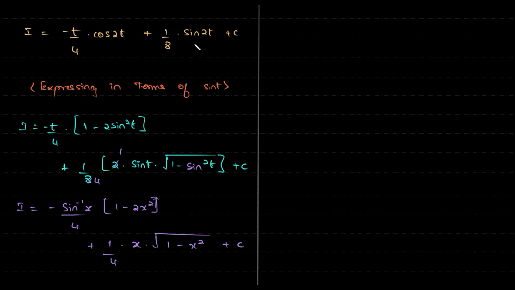So I hope there's no confusion. Sine 2t is 2 sine t into cos t. Cos t I am writing as square root of 1 minus sine square t. So let me write it out actually. This is nothing but 2 sine t cos t, and cos t in turn is square root of 1 minus sine square t.